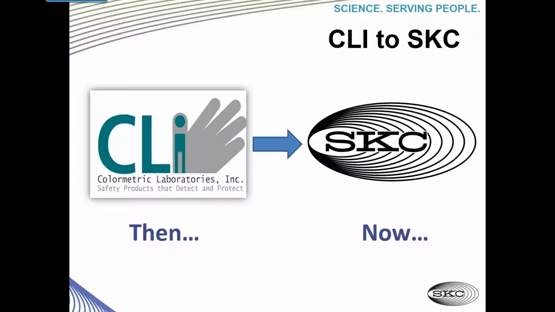Well, Tom Klinger, who was the owner of CLI, with years of colorimetric chemistry experience, started CLI in 1992. His company led the field in the development and manufacture of these industry-leading products to address dermal concerns. SKC realized the importance of dermal hazards and is fortunate to be able to add this product line upon Tom's retirement in July 2019.